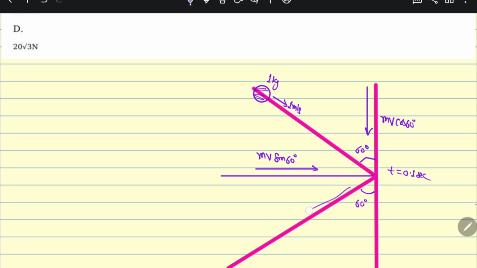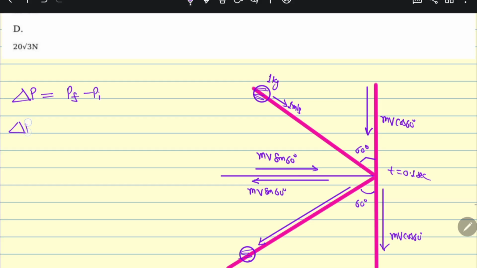After returning, they go like this, so the change in momentum is mv sin 60 degree, and this is also mv cos 60 degree. So the change in momentum along the normal to the plane only comes in the x direction. So p final minus p initial, where this is our p initial, this is our p final.